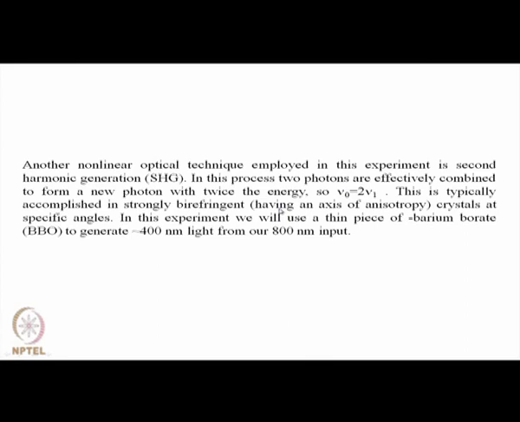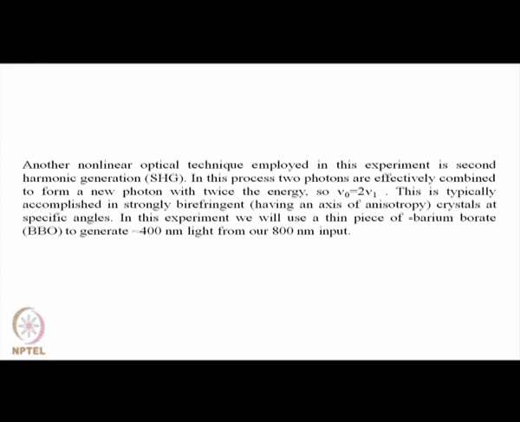Another nonlinear optical technique that is employed is second harmonic generation. In this process, two photons are effectively combined, that is amalgamated, to form a new photon with twice the energy, and this is called up conversion. Although it is exactly double the energy, meaning it is second harmonic, broadly it is called up conversion, that is, energy is lifted.